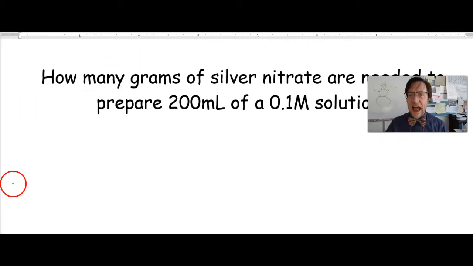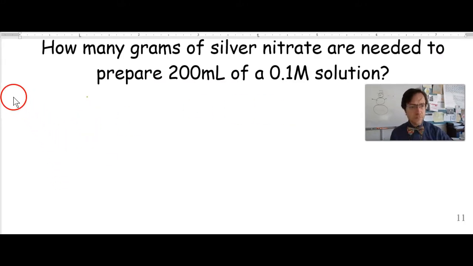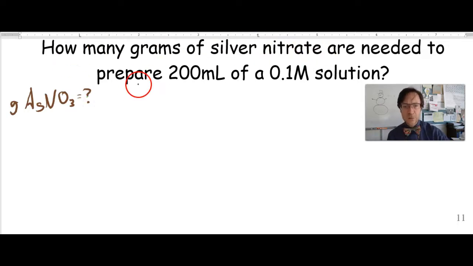Beauty. Next, how many grams of silver nitrate, oh man, this is going to be a thing, are needed to prepare, okay, so let me come over here. Let's do this one. Grams of AgNO3, that's my question mark. How many grams of silver nitrate are needed to prepare 200 milliliters? 1, 2, 3.